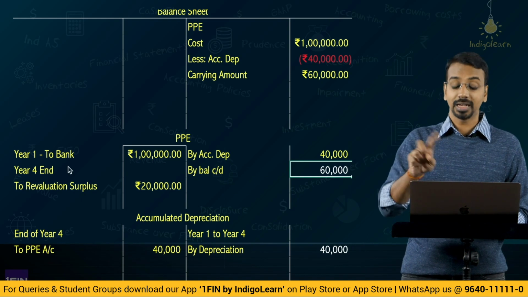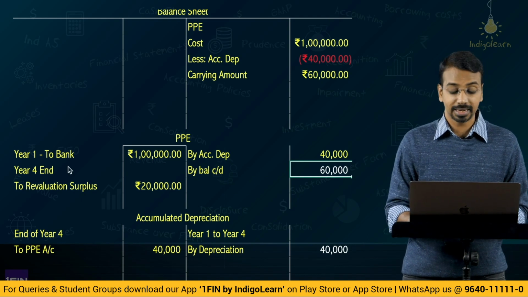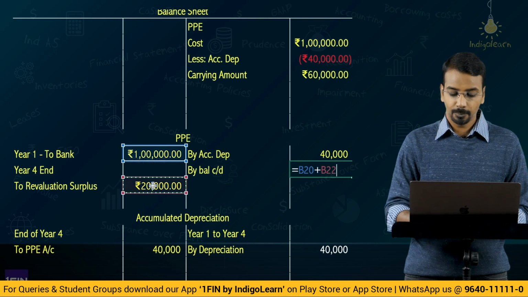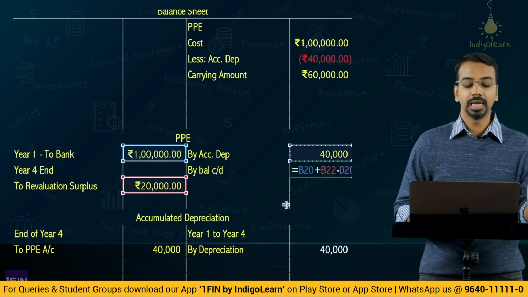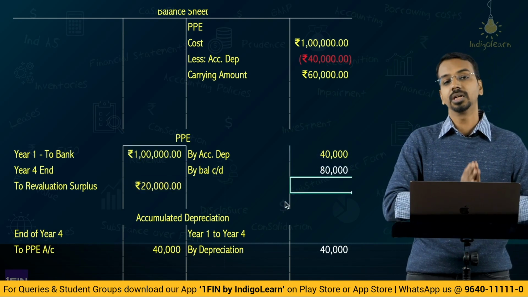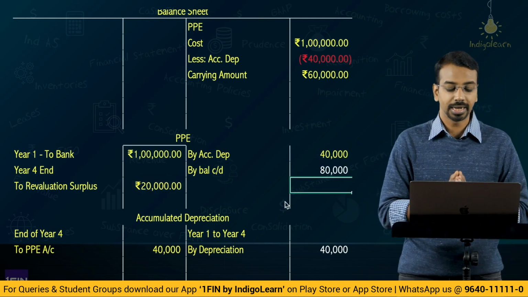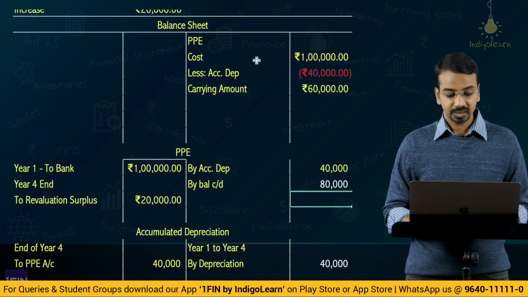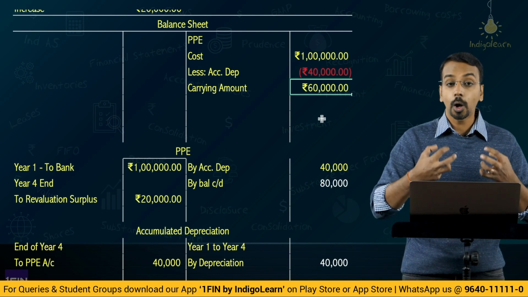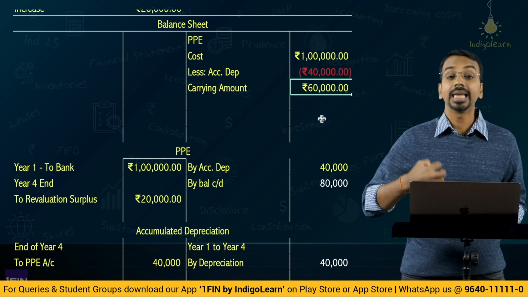Now, the revised balance of your property, plant and equipment will be 1 lakh plus 20,000 minus 40,000. 1 lakh plus 20,000, 1 lakh 20 minus 40,000, 80,000 will be the balance carried down, right. So, what did we do? We increased the value of property, plant and equipment from 60,000 to 80,000.